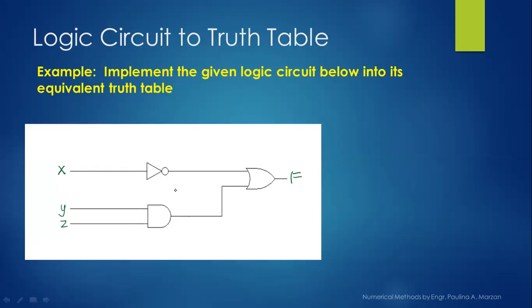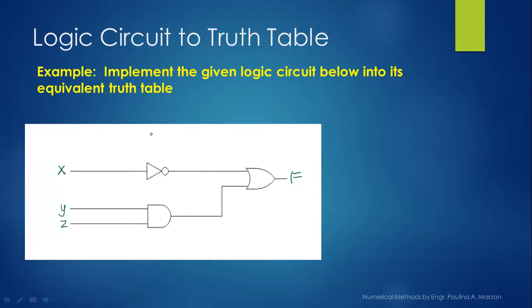What about if the given is a logic circuit and we are going to get its equivalent truth table? Let's say we have this example. Let's say we are going to implement the given logic circuit below into its equivalent truth table.